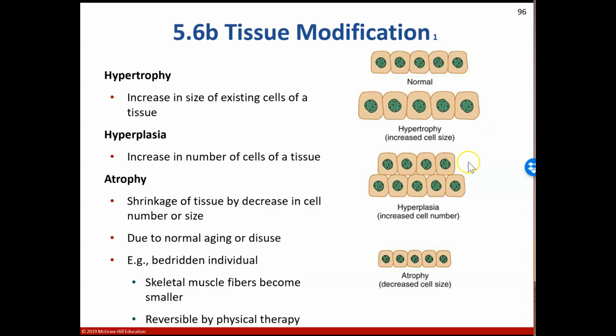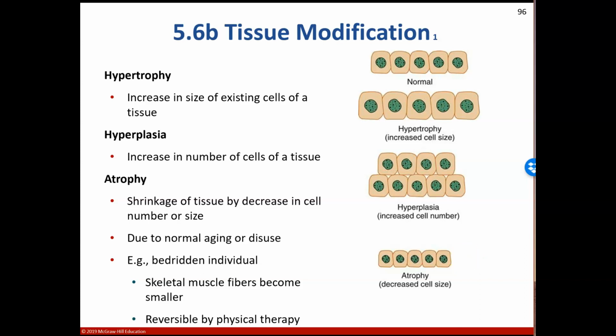In contrast, hyperplasia would be when we increase the number of cells within that tissue. So hyperplasia is not really possible in muscles, at least through the research that has taken place thus far. Now, if you don't exercise those muscles, you go through something called atrophy, where we're going to see a decrease in the size of those muscle cells.